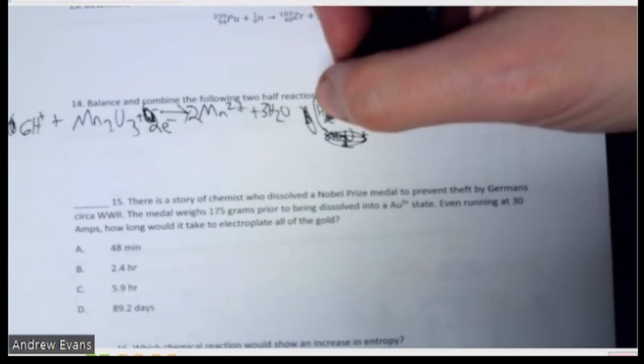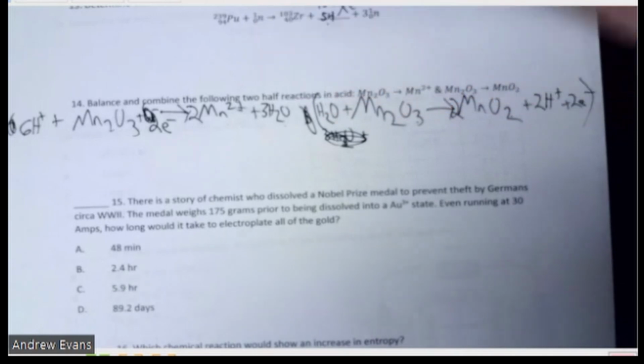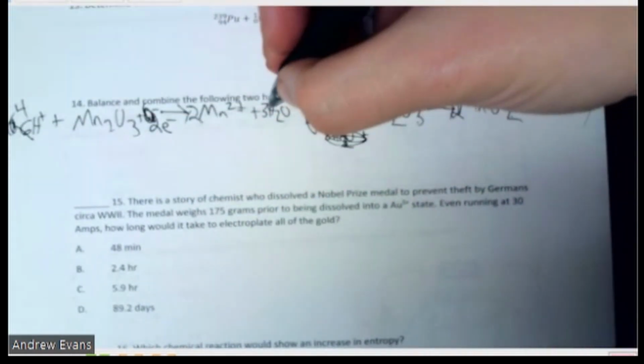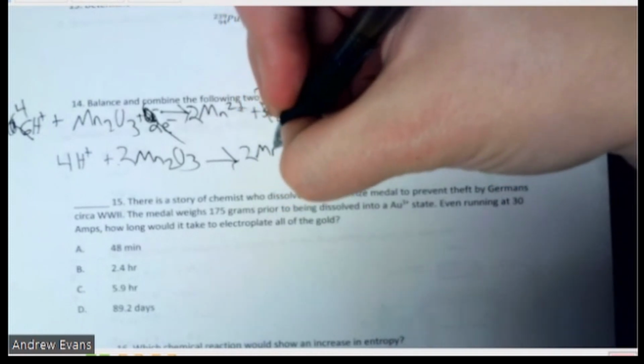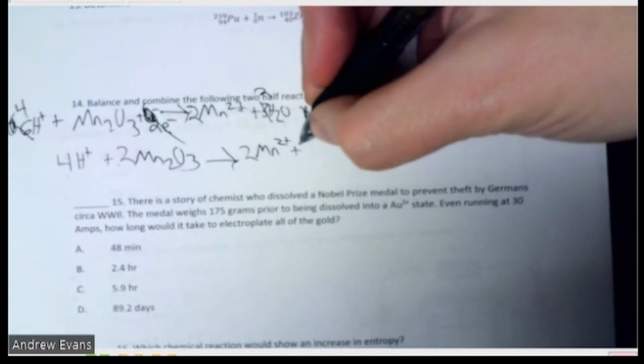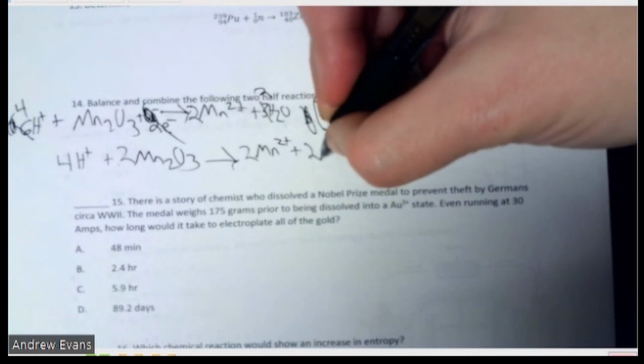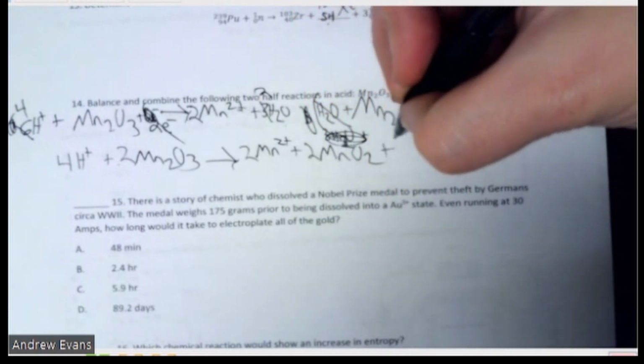So now when we combine these together, let's cancel things out. 2 cancels there to give you 4. 1 cancels there to give us 2. We have 4 H plus and 2 Mn2O3 goes to 2 Mn2 pluses, 2 MnO2s, and 2 waters.